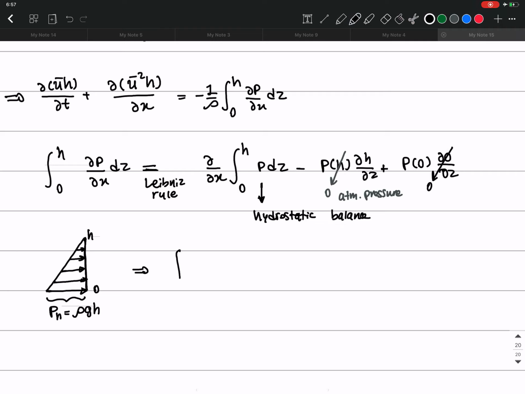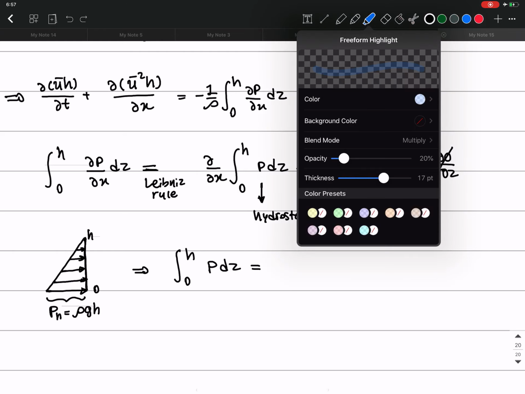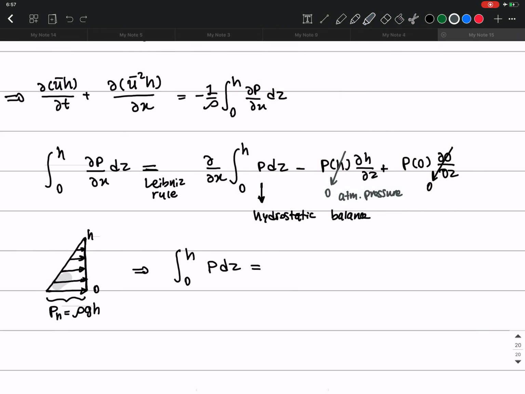So the integral from 0 to h of P dz equals the area of this, because that is what the integral means.